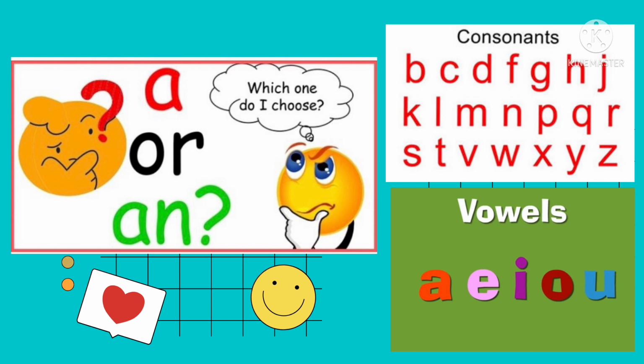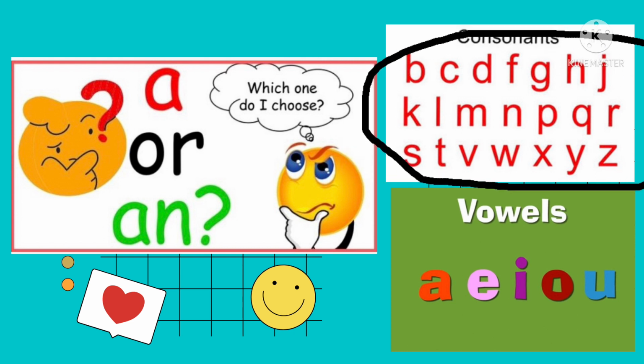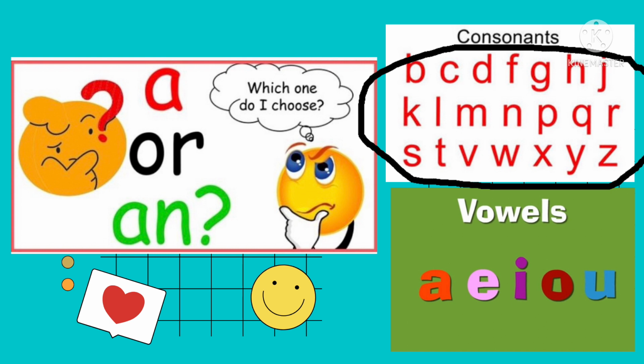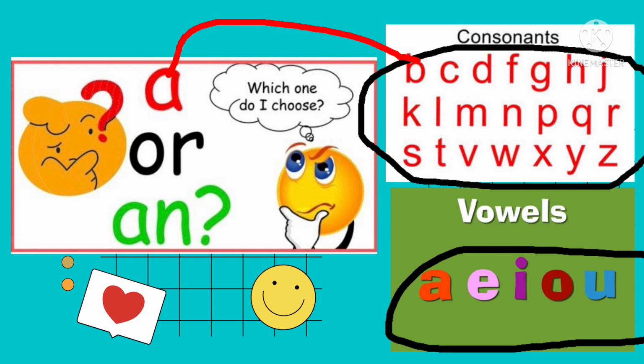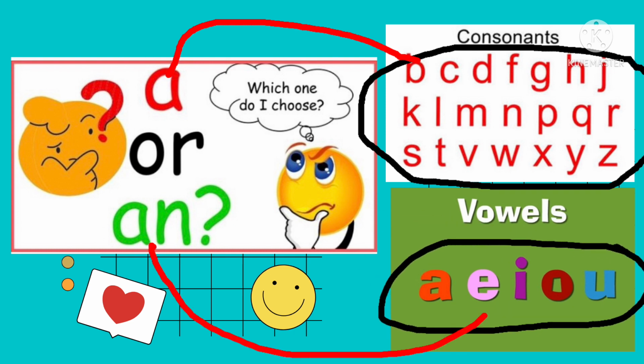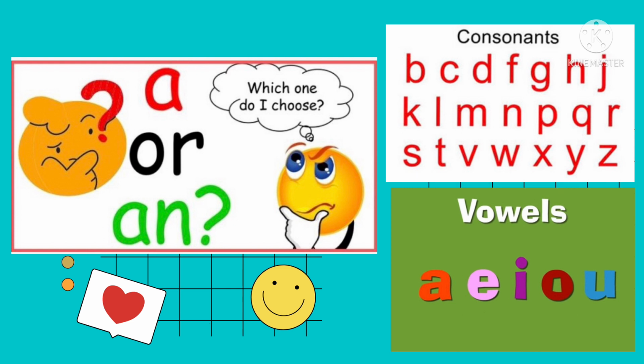For all the words yang bermula dengan consonants, kita akan guna a. For all the words yang bermula dengan vowels, kita akan guna an. So, consonants guna a. Vowels guna an. Lagi senang kalau awak ingat vowels yang 5 letters tu sahaja.